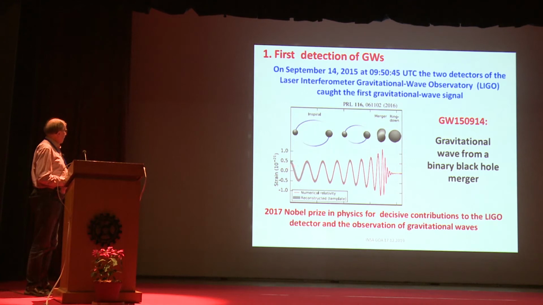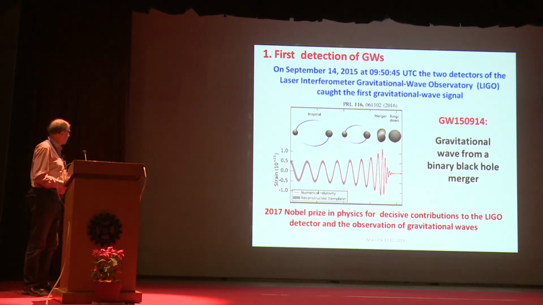And the signal that was observed very well matches the model that was calculated numerically, just by solving the full Einstein's equations numerically. So, which is the red line, and this is the best model that was extracted from the data. So this was a very significant discovery.